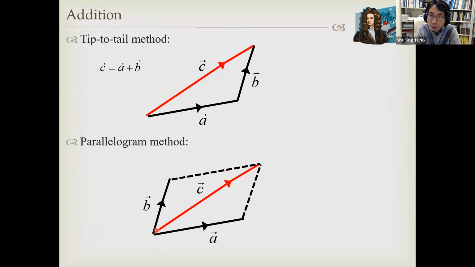And the resultant vector will be the diagonal of this parallelogram. Now you can easily see that if I move the vector B to the opposite side here, it is just equivalent to the tip-to-tail method. So both methods are equivalent to each other. It depends on what situation you are dealing with and which method you feel is more convenient.